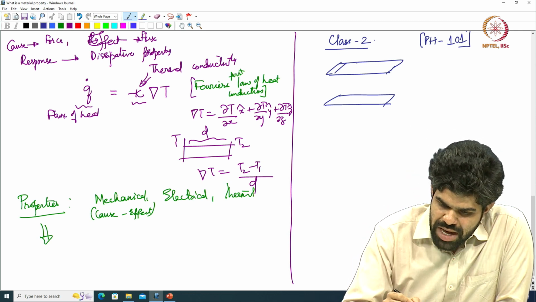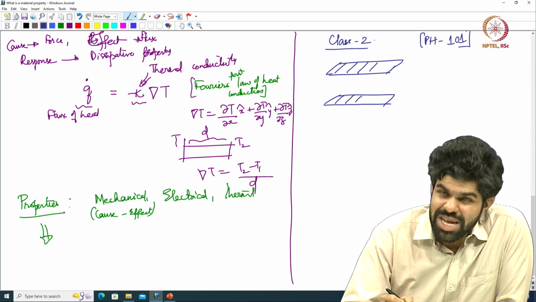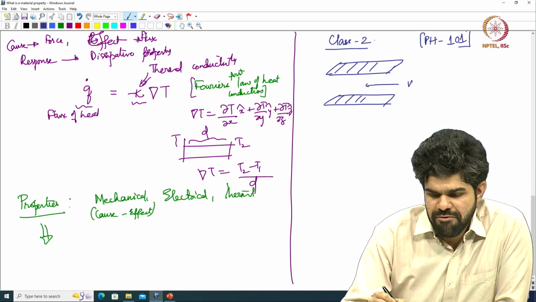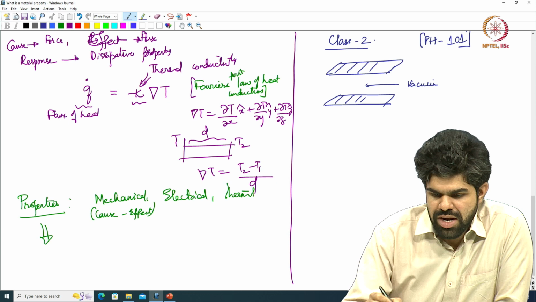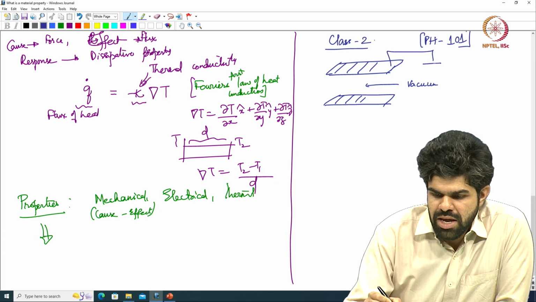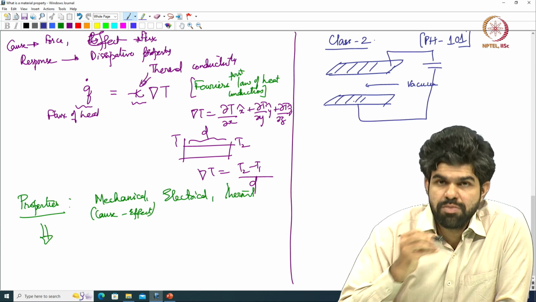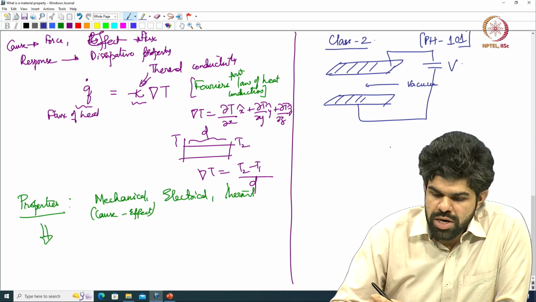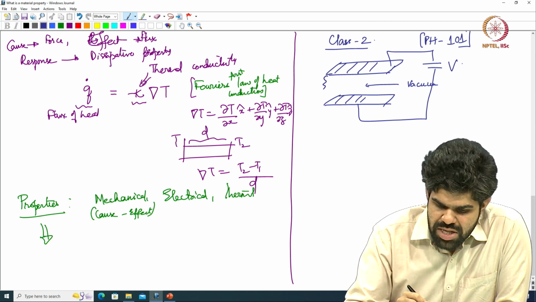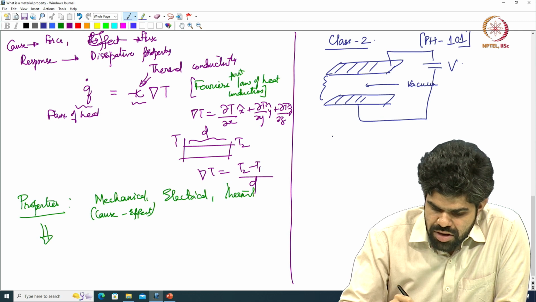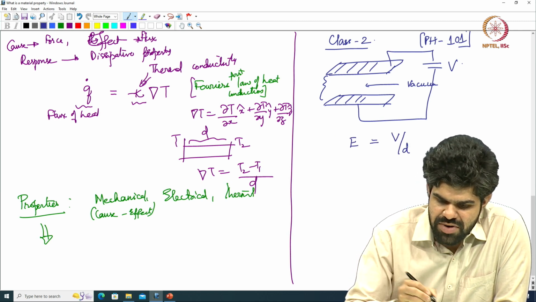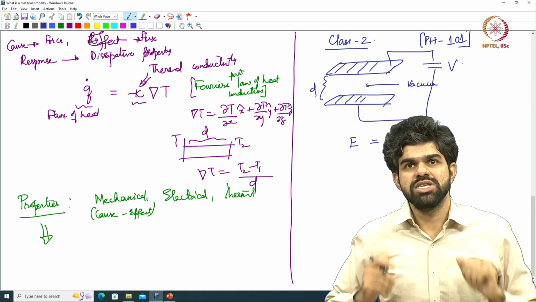I have two parallel metallic plates and there is nothing in between, just vacuum. Then I apply a voltage V across these two plates. The electric field inside is nothing but V by D, where D is the distance between the plates.